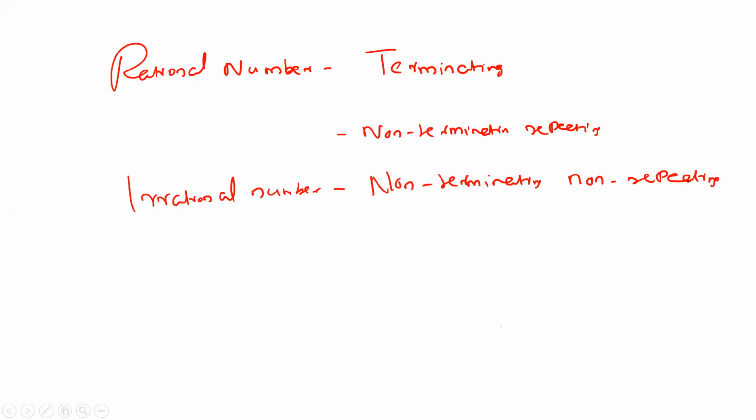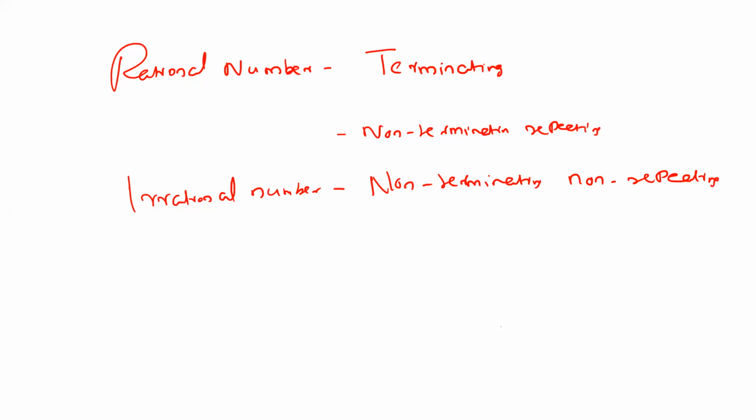Rational numbers are either terminating or non-terminating repeating, but an irrational number is always non-terminating, non-repeating.